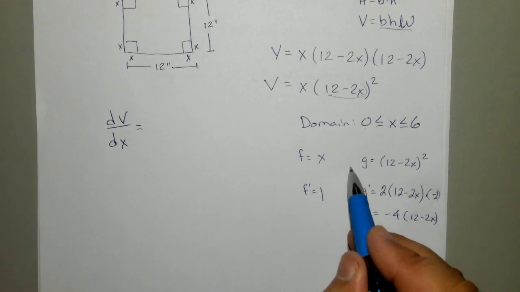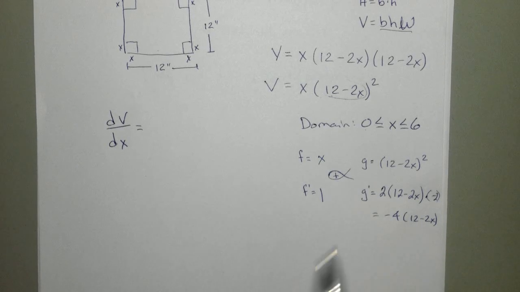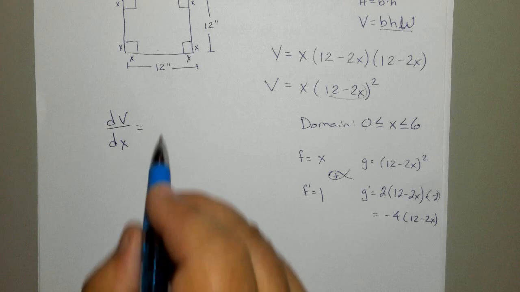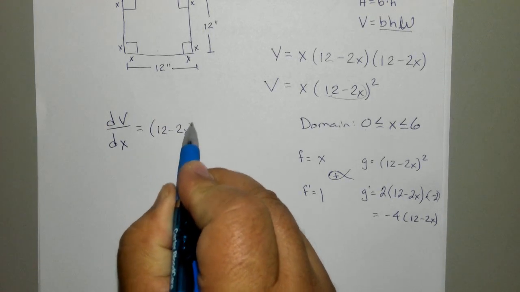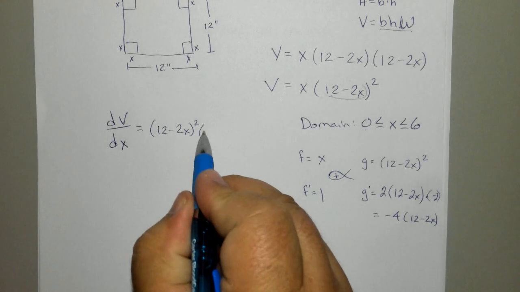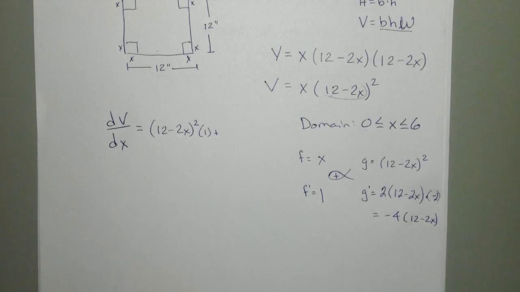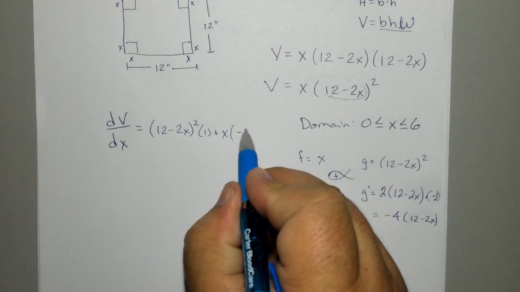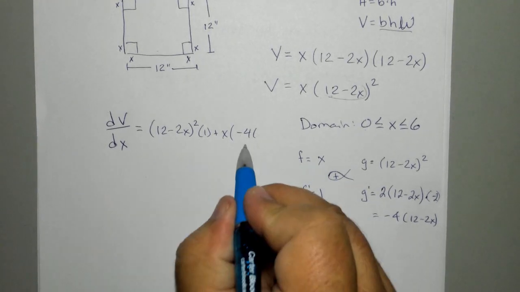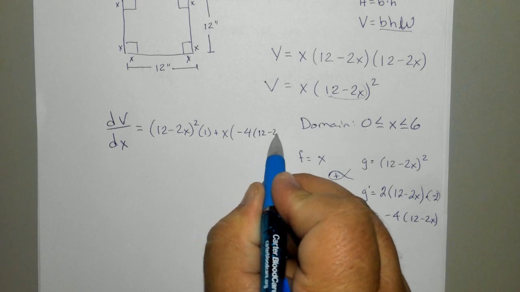Since we're doing a product, we could do the fishy thingy with a plus. 12 minus 2x squared times 1 plus x times negative 4 times 12 minus 2x.